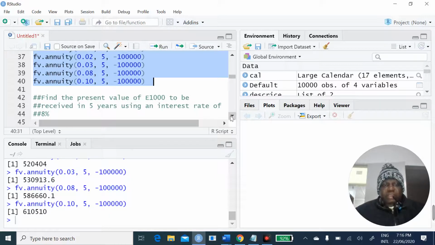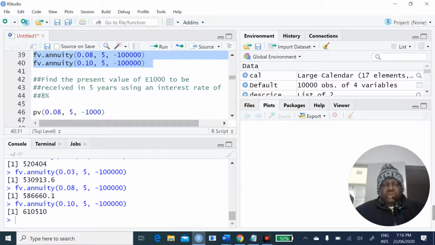Now let's quickly look at how to calculate present value using an example. Find the present value of 1,000 Emalangeni to be received in 5 years using an interest rate of 8%. In this case, we have the future value to be 1,000 Emalangeni, and we want to calculate what the present value will be. Then we have 8%. It's the same thing. The only difference is that the function now is PV.